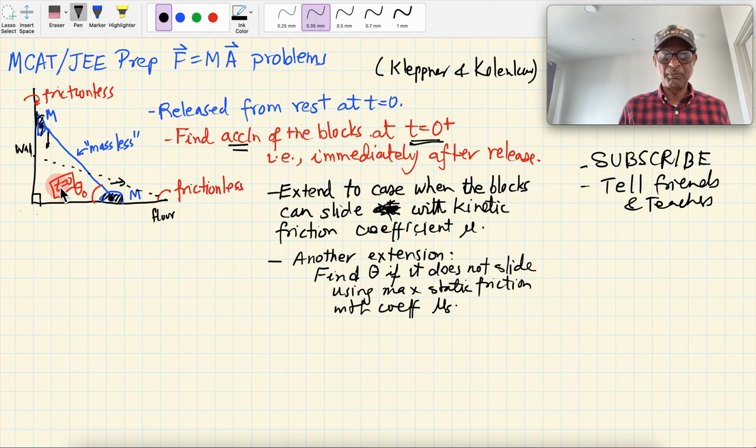That's a separate problem. Another extension of this problem is, what if this is not frictionless? Maybe one is frictionless, one is not frictionless. Another one is really a trick problem. If I put it vertical, like over here, it's not going to go anywhere.